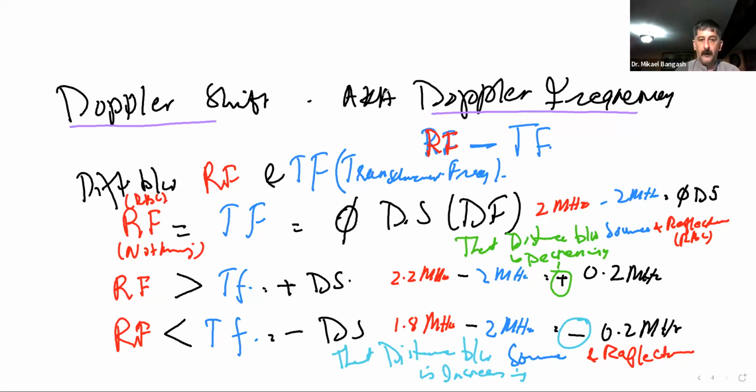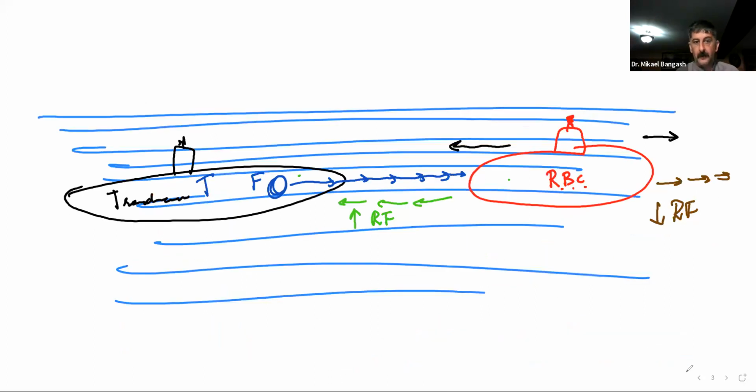Okay. So please remember, what we call a Doppler frequency can also be referred to as a Doppler shift, because it's just a shift in the frequency. Clear? Okay. But yes, back to our submarines.